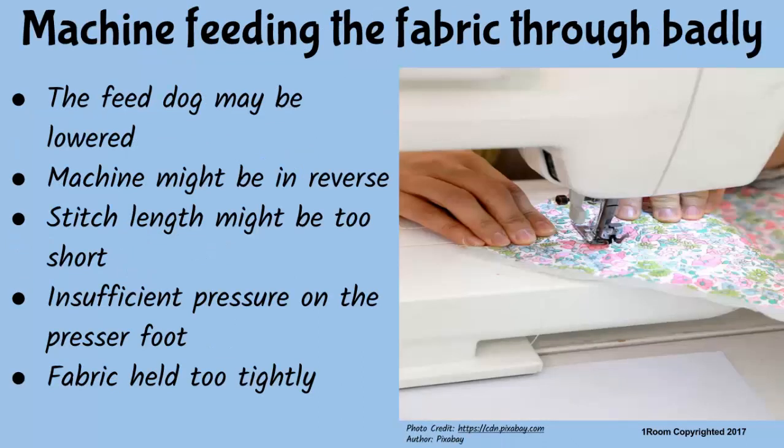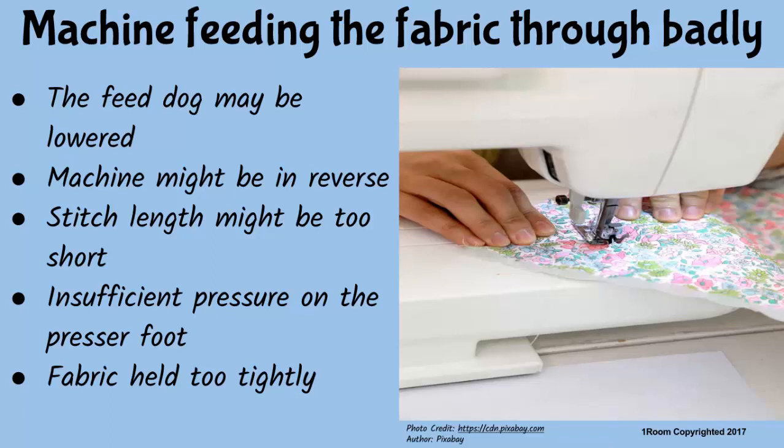And finally, a problem may occur leading to the machine feeding the fabric through badly. This may be as a result of the feed dog being lowered, machine being in reverse motion, too short stitch length, applying insufficient pressure on the presser foot, or the fabric being held too tightly.